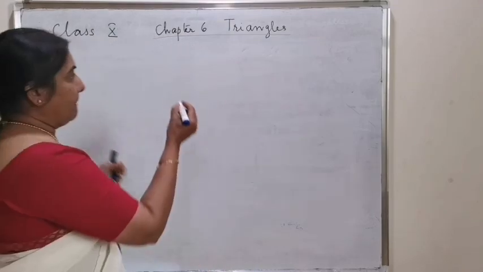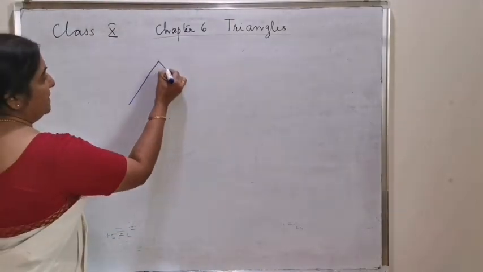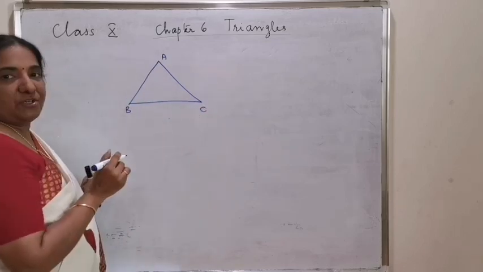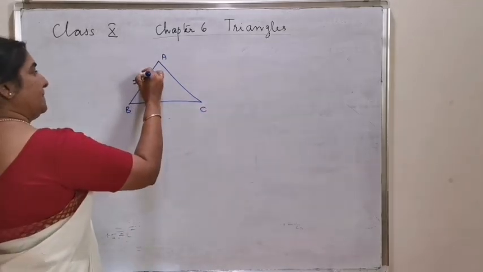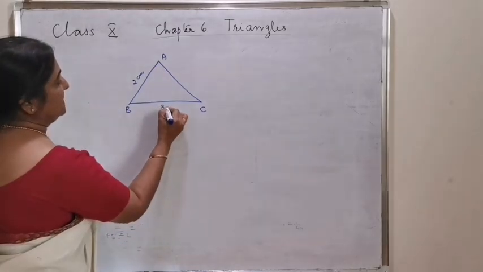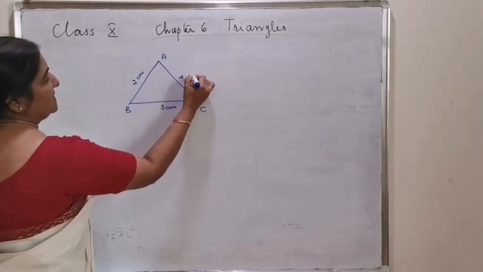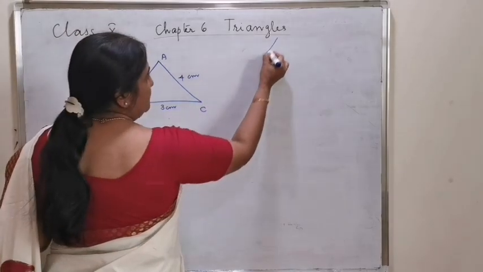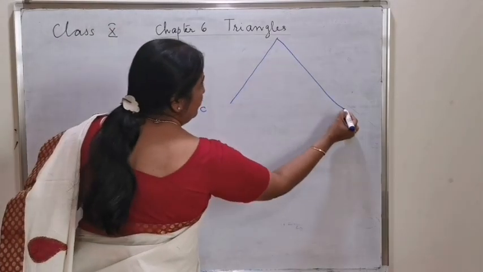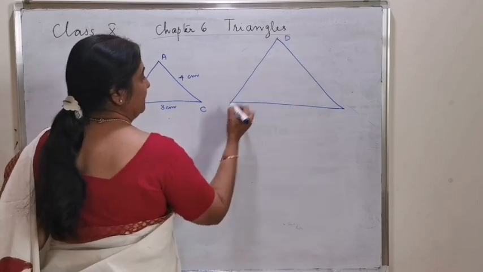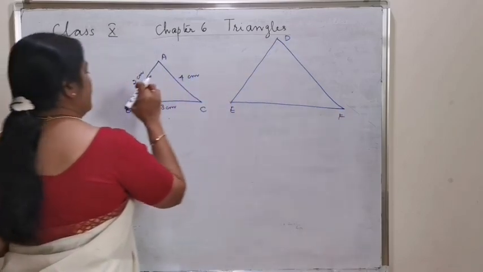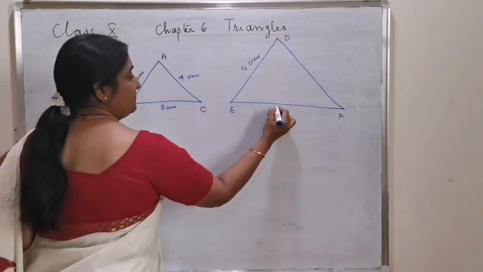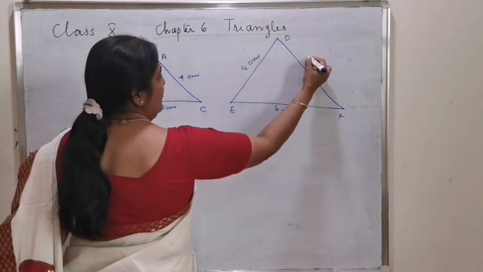Let us take triangle ABC with measure of AB as 2 cm, BC as 3 cm and AC as 4 cm. Let us draw triangle DEF in such a way that DE is 4, EF is 6 and DF is 8.